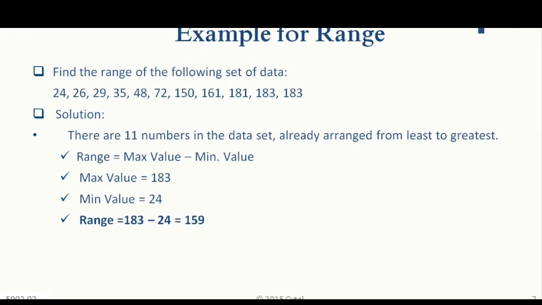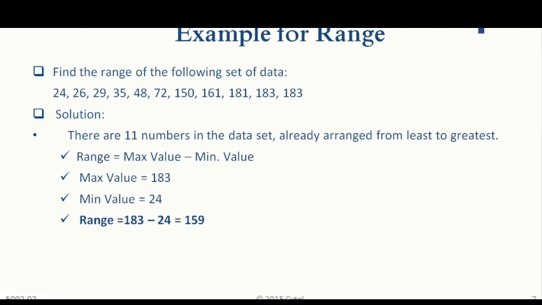First of all, it is the crudest measure of dispersion. If all observations are of very small magnitude and there is only one extreme observation, the maximum value, then the range is going to be unnecessarily very high.